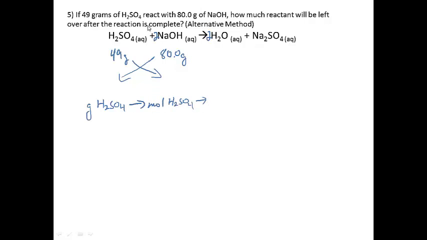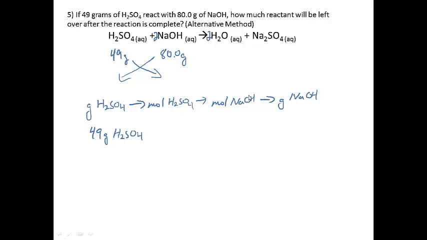And once I'm at the moles, I can figure out how many moles of NaOH that would mix with, through the molar ratio, 1 to 2 in this case. And then I convert to grams of NaOH to determine how many grams of NaOH that would need to mix with. Okay, so I have 49 grams of H2SO4.